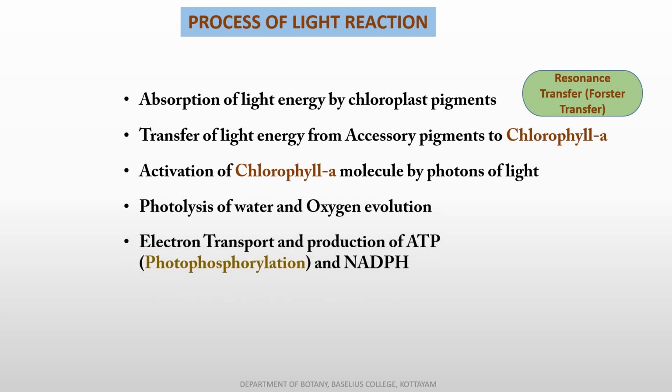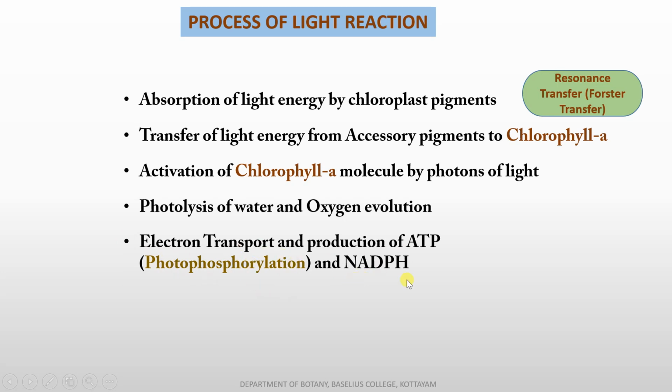Next step, the very important step, electron transport. We know the electron is ejected when chlorophyll A is getting activated; from the excited triplet state it releases electrons. These electrons ejected from chlorophyll A are carried through a series of electron carriers, and accompanying this electron flow, ATP and NADPH are formed.